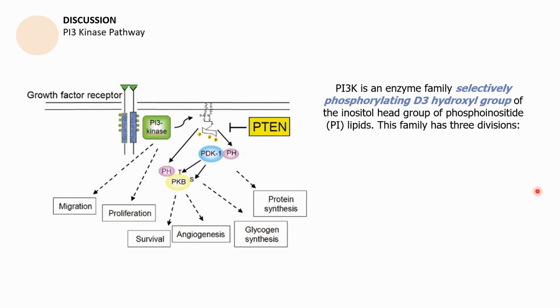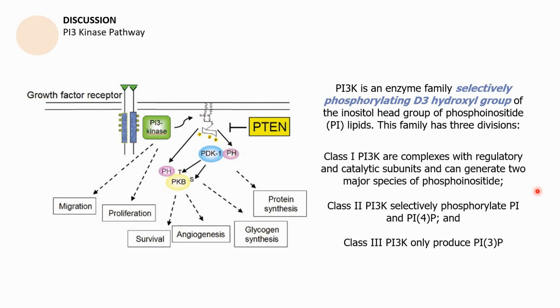This family has 3 divisions. The first one, class 1, are complexes with regulatory and catalytic subunits and can generate 2 major species of phosphoinositide. Class 2 selectively phosphorylate PI and PI4P, and Class 3 only produce PI3P.